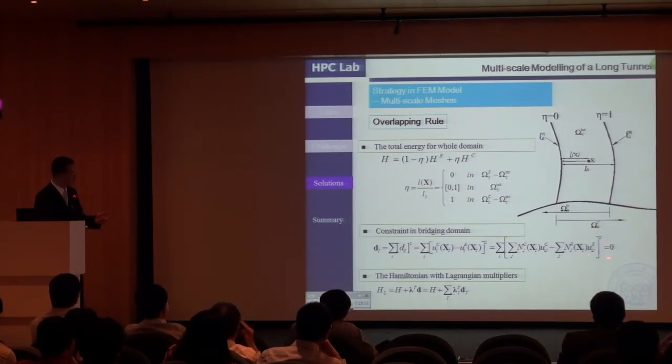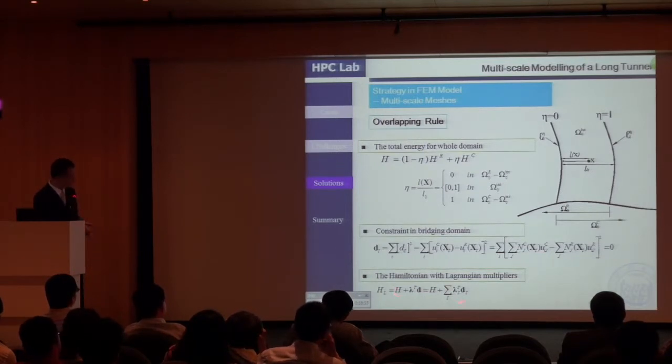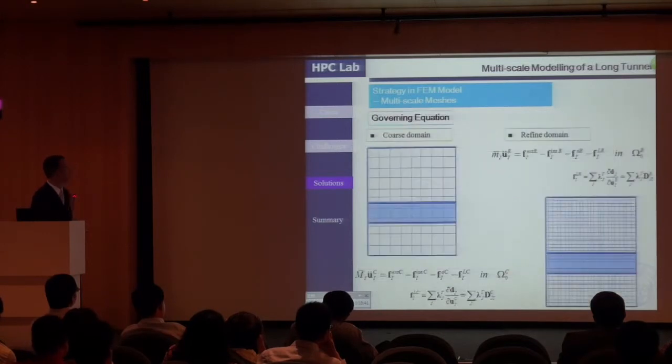If the constraints could be minimized, we can constitute the updated Hamilton. In that case, we should modify to introduce this Lagrange force for the refined domain and also for the fine domain.